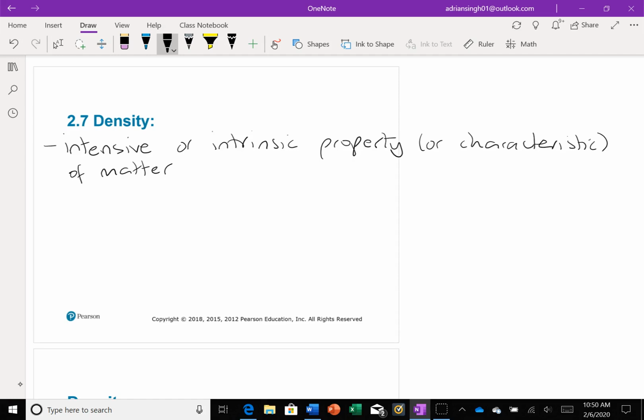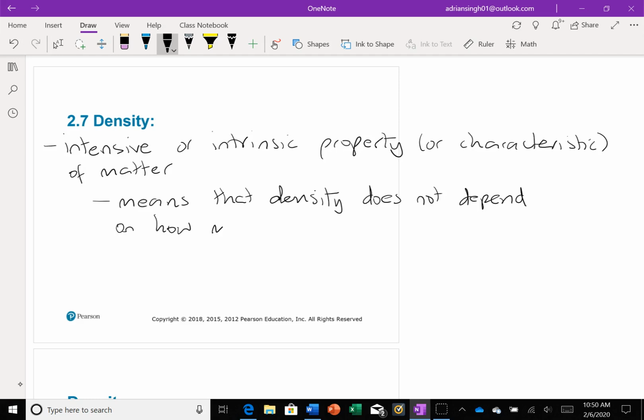And what does that actually mean? Well, this means that density does not depend on how much of the sample you have. So it does not depend on how much of the sample you have.